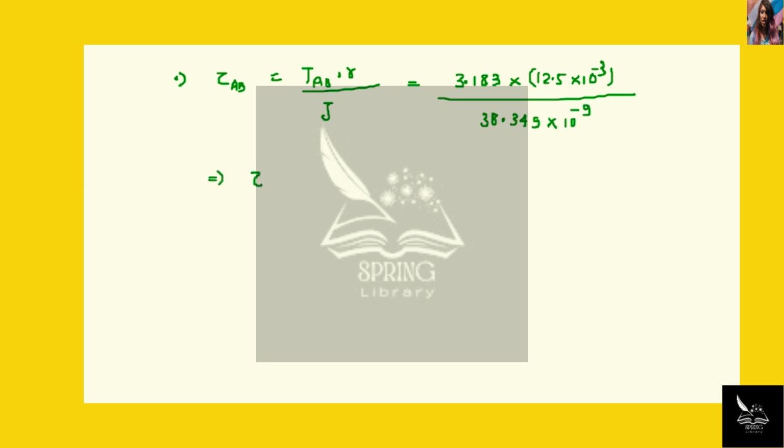From this we get the shear stress in section AB as 1.037 megapascal. So this is the value of maximum shear stress for shaft AB.